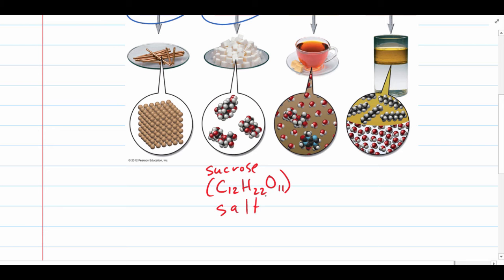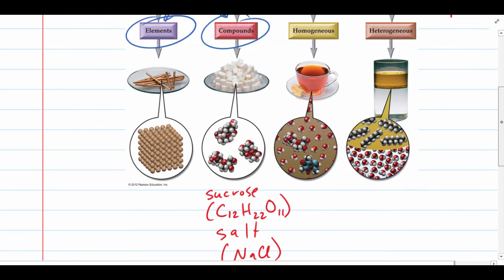Formula? I heard NaCl. Exactly. NaCl, which is sodium chloride. When we write a formula like NaCl, this is telling us we have 1 sodium atom for every 1 chlorine atom. So compounds are combinations of elements in these fixed whole number ratios.